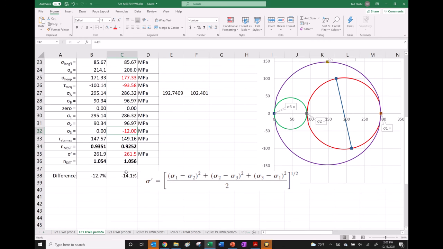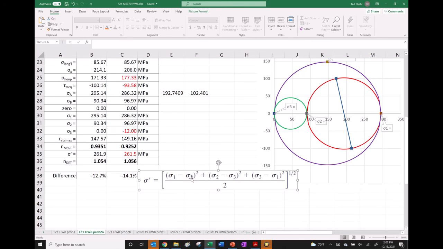And so for von Mises, it reduces the von Mises stress. Now the equation to use is this one right here, because we have all 3 principal stresses. We need to use this equation now instead of the other forms.